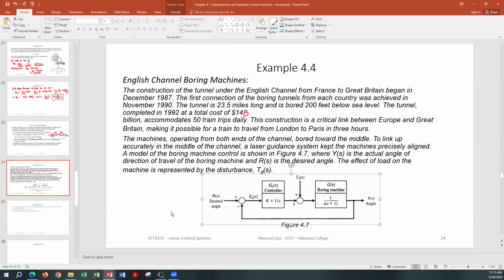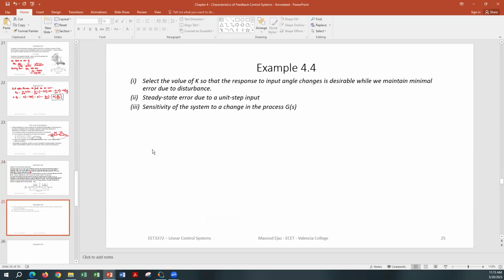So what we are doing with this problem: select the value of K so that the response to the input angle changes is desirable while we maintain minimal error due to the disturbance.